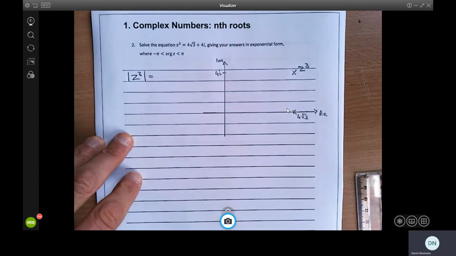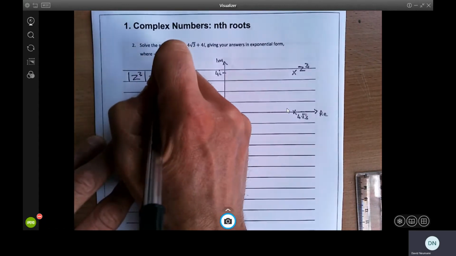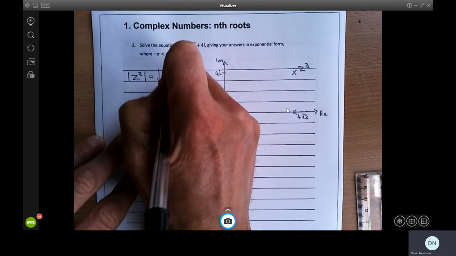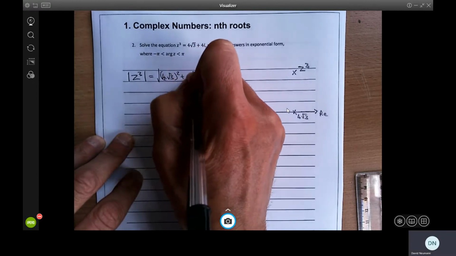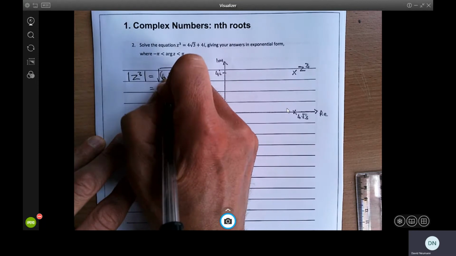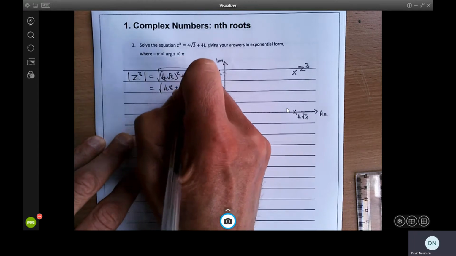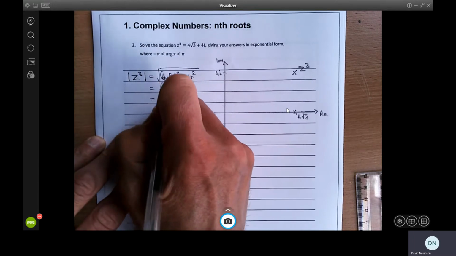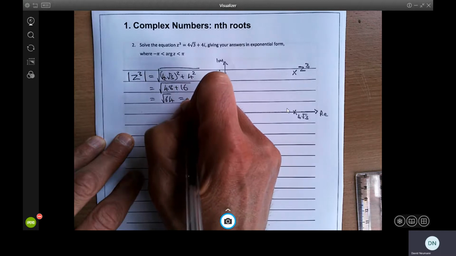So we have 4 root 3 squared plus 4 squared, which is 3 times 4 squared. 4 squared is 16, so that's 48 plus 16. Square root of 48 plus 16 is root 64, which is 8.